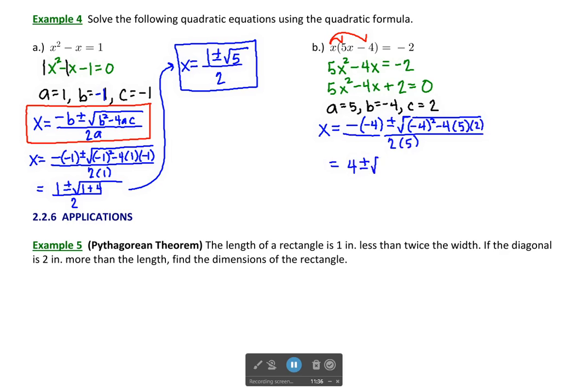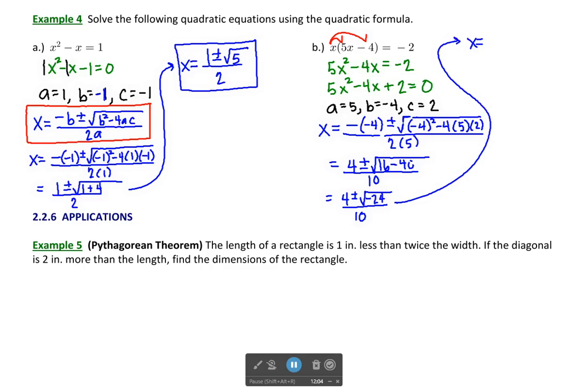Negative negative 4 is positive 4. Under the radical, we have 16 minus 4 times 5 times 2 gives me 40. All divided by 10. And 16 minus 40 gives me negative 24, all divided by 10. And because we have a negative under the radical, we're going to extract that as an i.